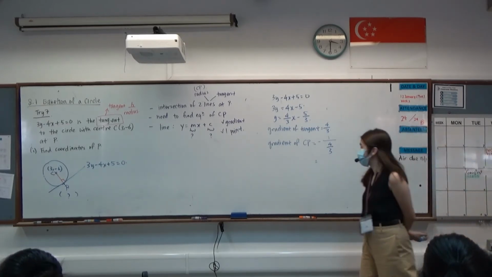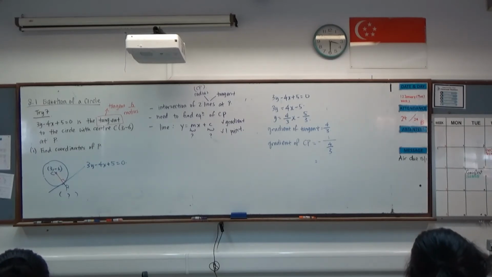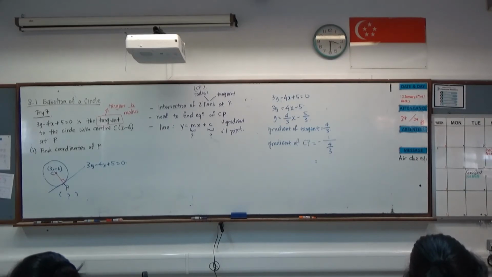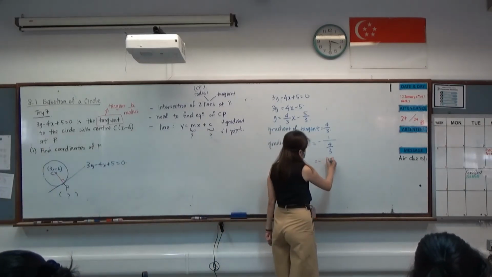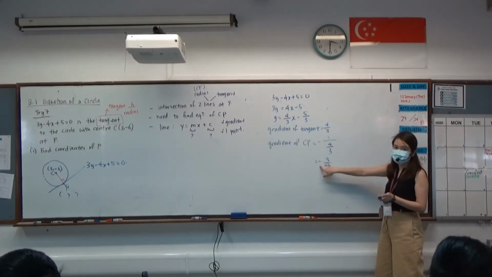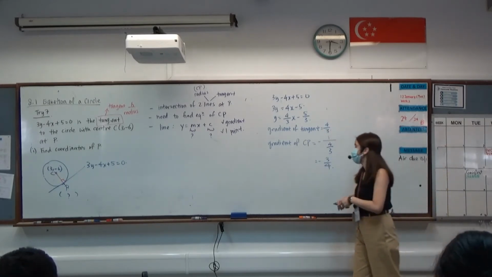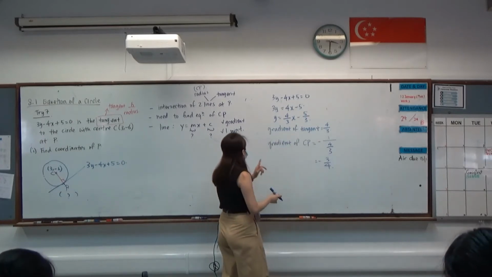It will actually be negative 3 over 4. In other words, I need you to realize that whenever it's a perpendicular line, it is the negative of the number and you flip the fraction. No need to think about 1 over something. So the gradient of the radius will be negative 3/4.